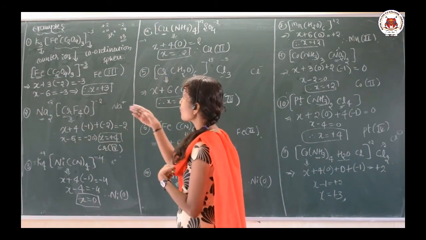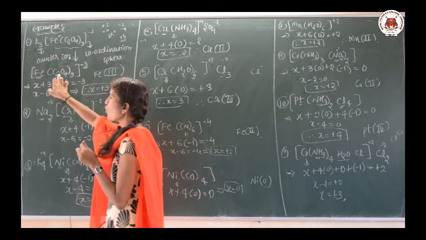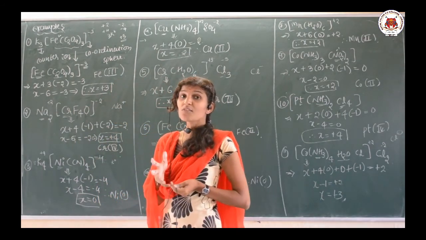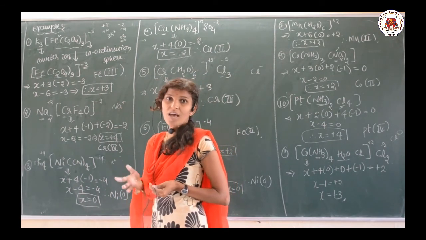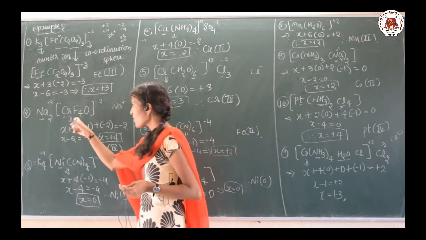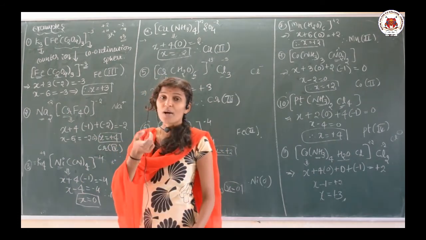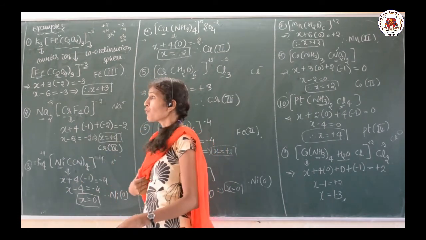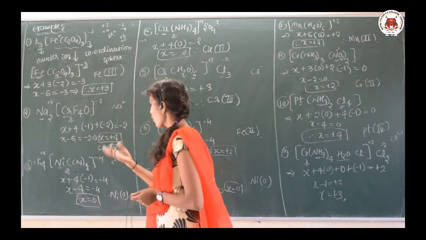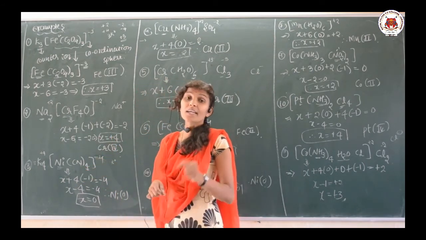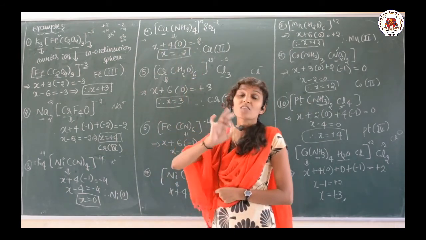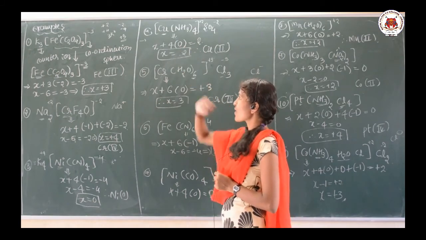It means if C2O4 is there, it should donate -2, it means its charge will be -2, that you need to know. And then if fluorine is there, one fluorine can give -1. If oxygen is there, one oxygen can give -2. If CN is there, it can give -1. If NH3 is there, that is 0, you should take the value as 0.